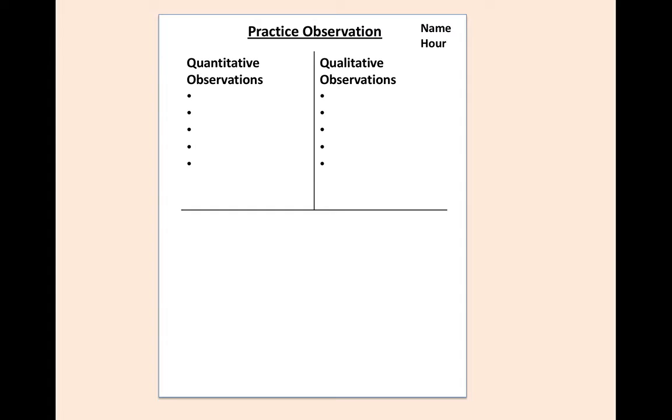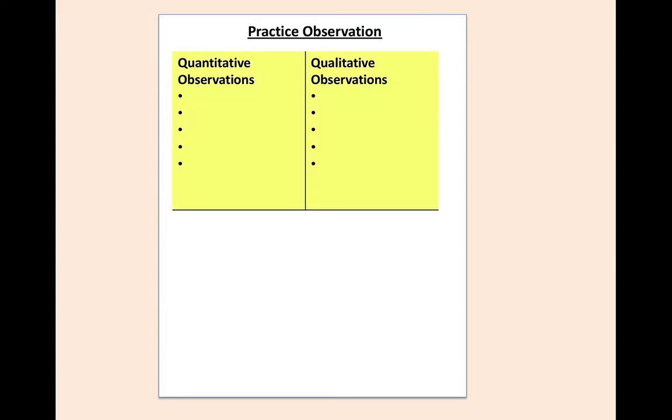Okay, these are usually going to be descriptions. How does it look? How does it feel? What color is it? What could you tell me about the texture of it? Okay, on and on. So what you're going to do is make observations about your leaf, both quantitative and qualitative. Pause the video right now until you have completed that.